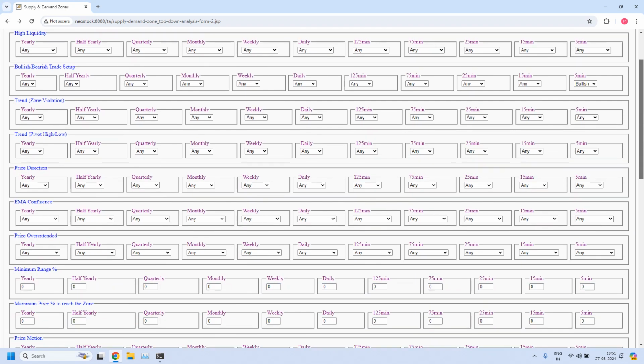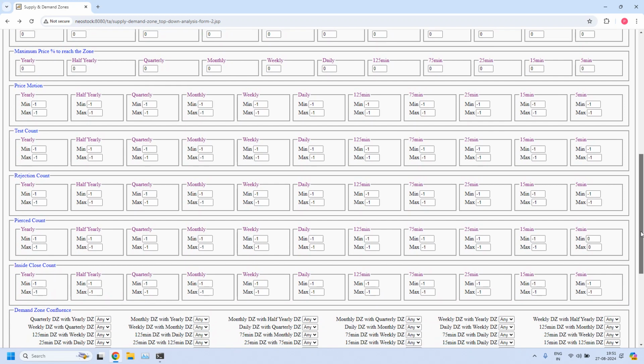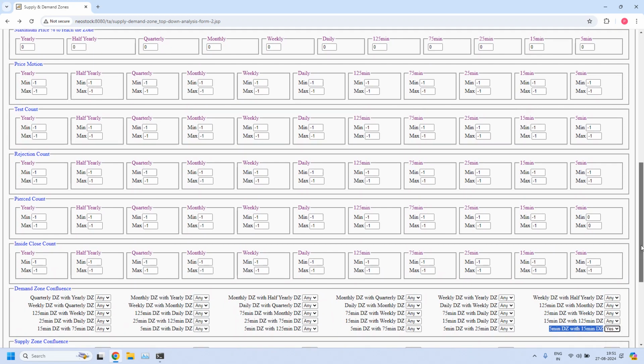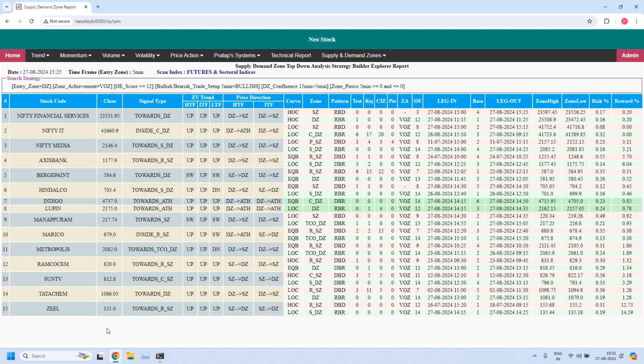So 5 minutes demand zone and 15 minutes demand zone confluence. So I'm enabling the filter 5 minutes demand zone with 15 minutes demand zone. Let's look for LTF and ITF confluence. That is 5 minutes and 15 minutes confluence.